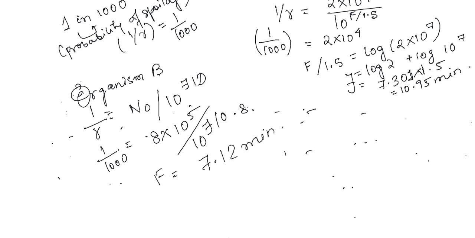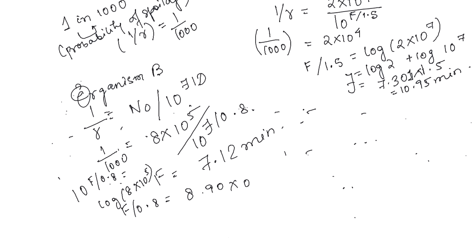Same way, that is 1 by 1000. So we will get 10 to the power F by 0.8 is equal to log of 8 into 10 to the power 5. From there, F by 0.8 is equal to 8.90, and we multiply that by 0.8. So we will get 7.12 minutes.